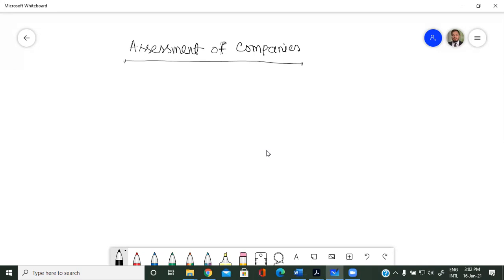Sometimes you see that companies repatriate their dividend. This is common in multinational companies which have local operations in our countries. When they repatriate the dividend to the parent company, there will be some tax consequences.